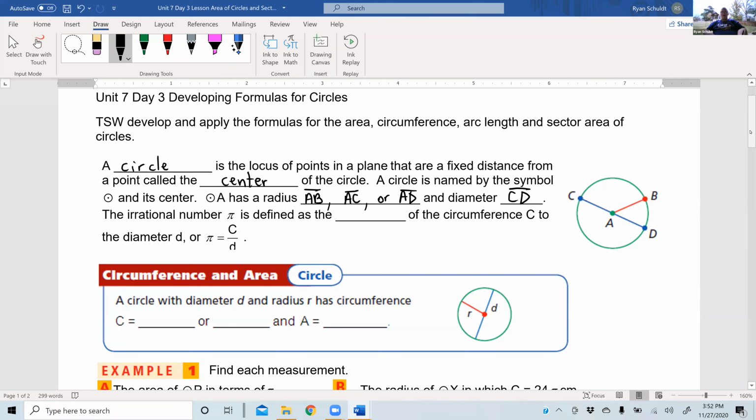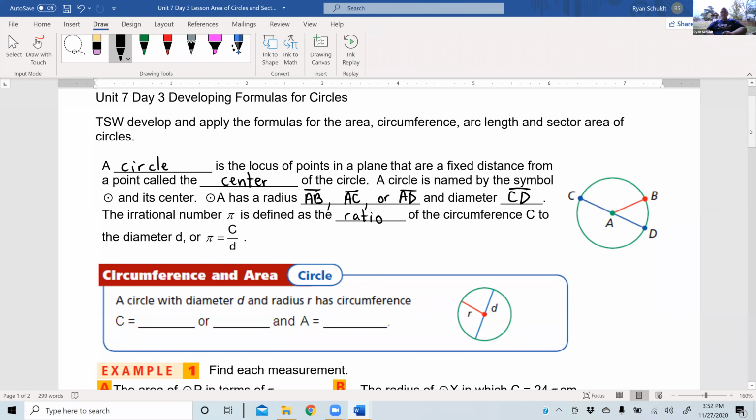The irrational number pi is defined as the ratio of the circumference, C, we call that capital C, to the diameter D. So pi is equal to C divided by D. Now, don't get hung up on the word irrational.